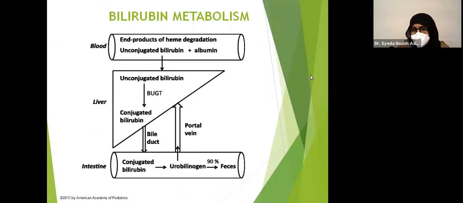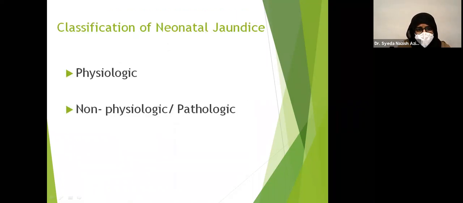So please keep this normal bilirubin cycle in your mind so that you can understand the neonatal jaundice etiology and complications. So let's move on to classify neonatal jaundice. They are broadly classified into the physiologic and the non-physiologic category, which is also called pathologic jaundice.